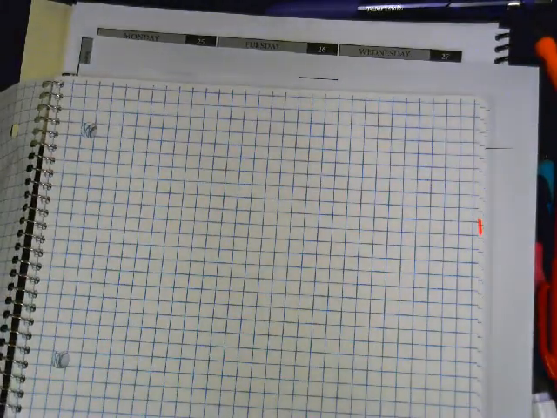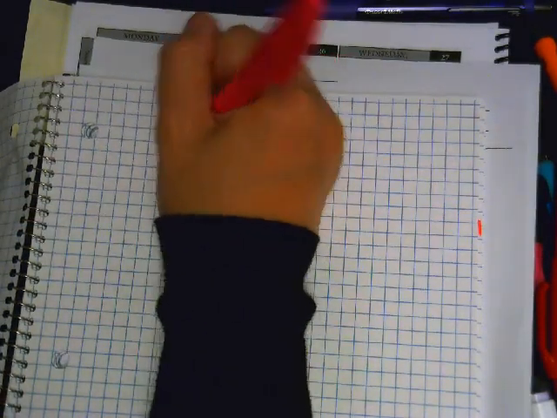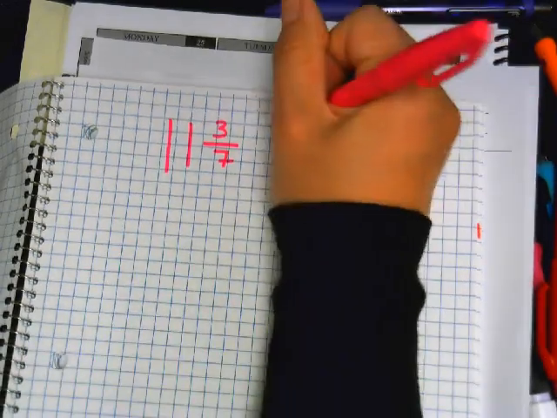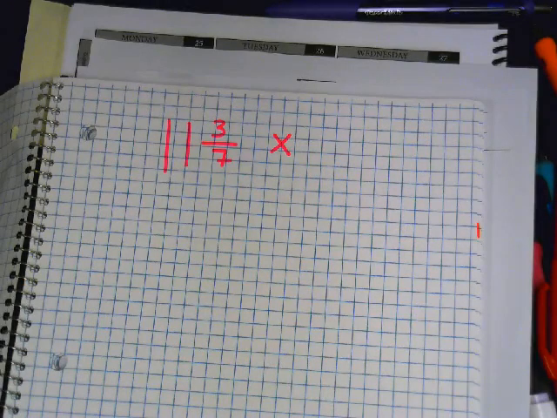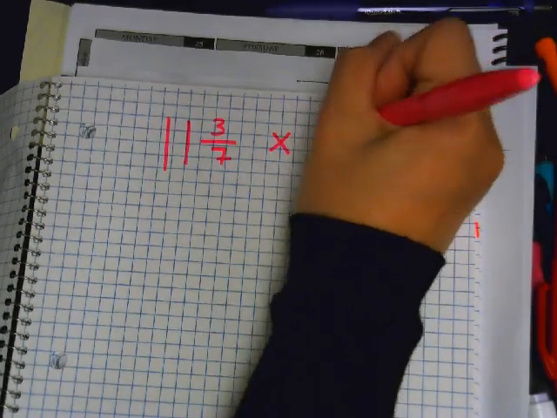All right, let's think of a good mixed number. 11 3/7 times 7/20.